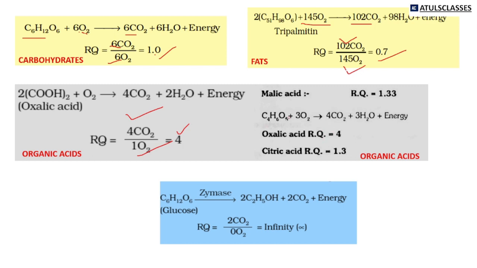Malic acid has 4 CO2 and 3 O2, so the RQ is 1.3. And finally, glucose in the absence of O2, fermentation, gives 2 CO2 over 0 O2, so it goes to infinity. Thank you.